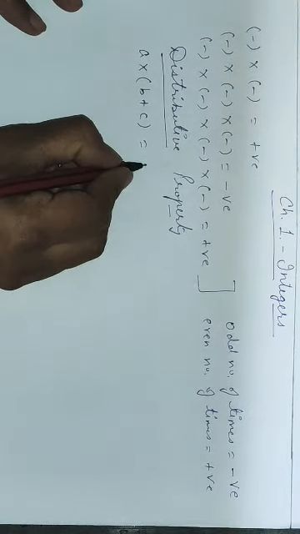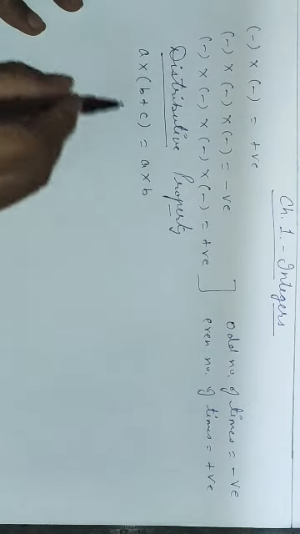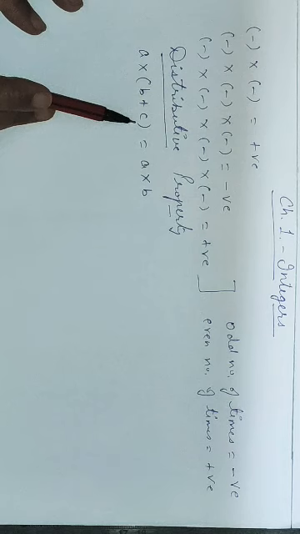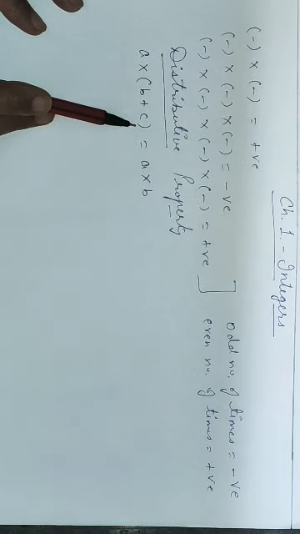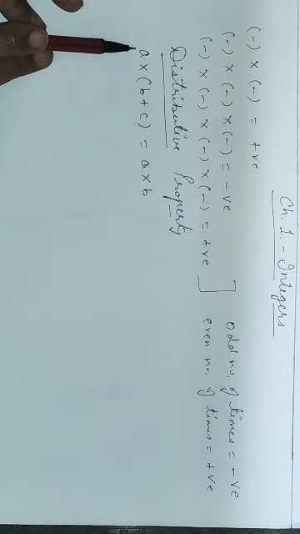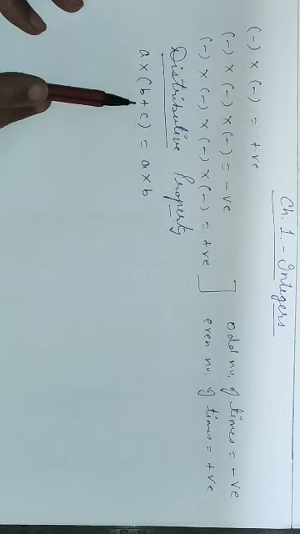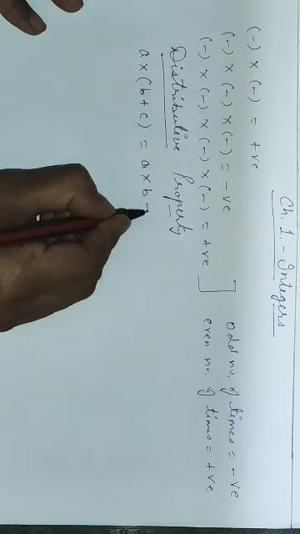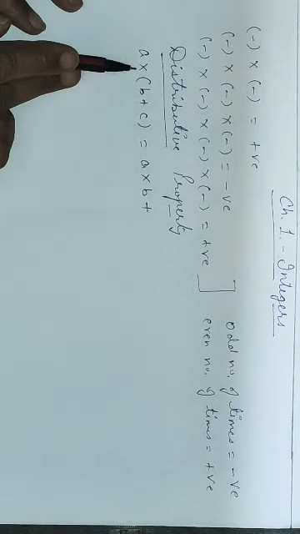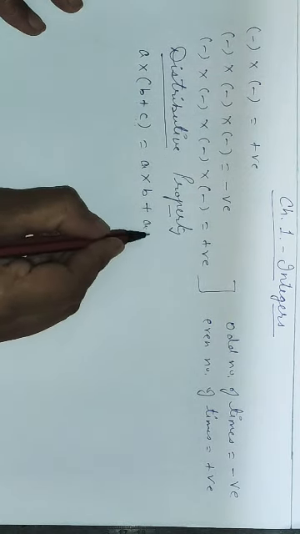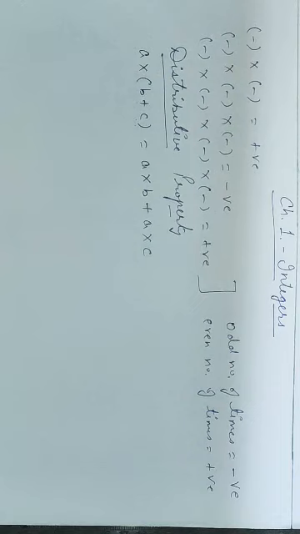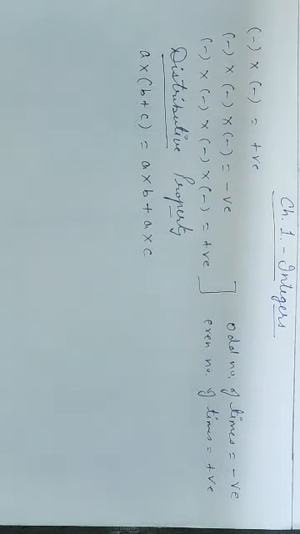Then we can elaborately write it as A into B, because whatever is inside the bracket is to be multiplied with A. So what we can do is, we can multiply A with B, then this positive sign will come here. Then we multiply A with C. This is what we call distributive property.